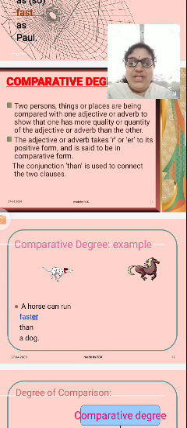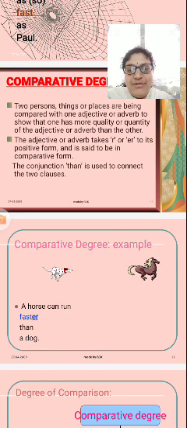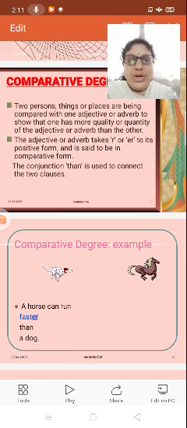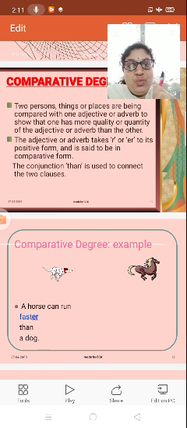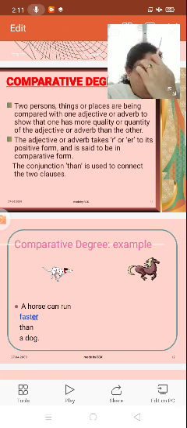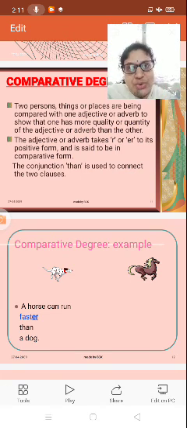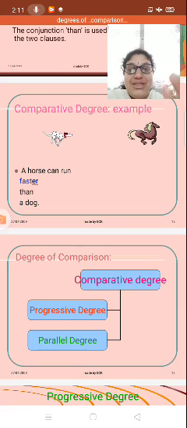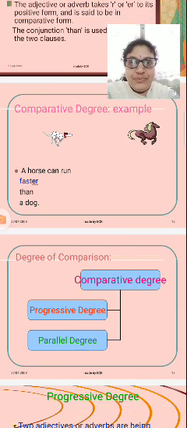So we are comparing two animals and showing one animal's quality or quantity, the horse running faster. A horse can run faster than a dog, right?